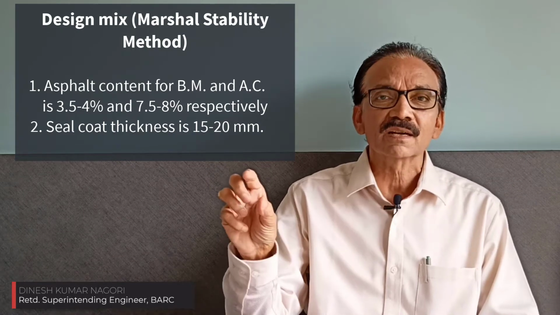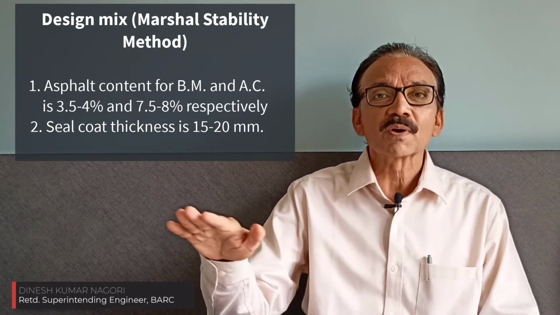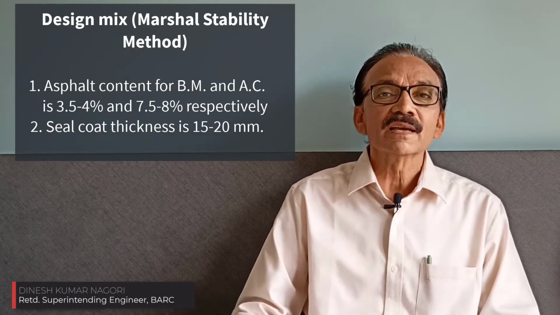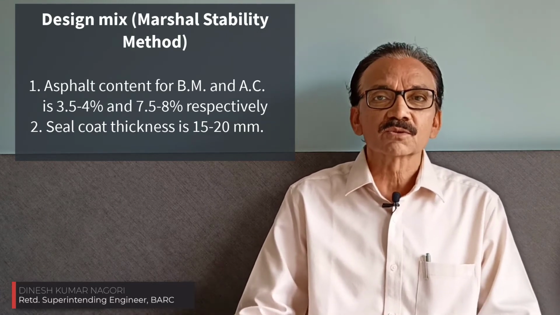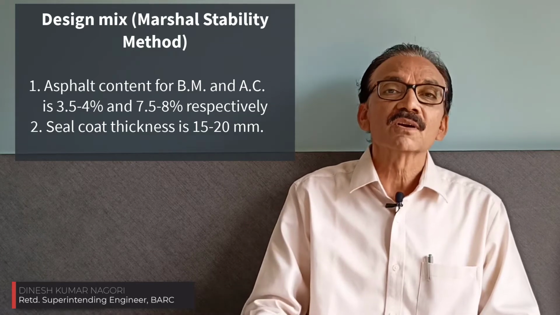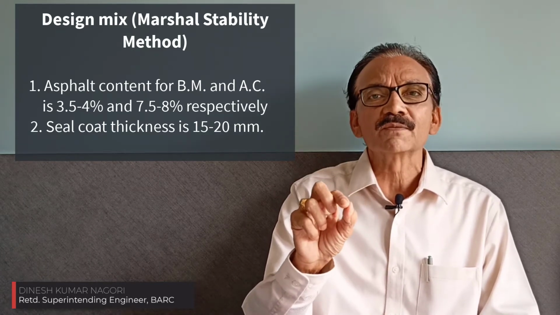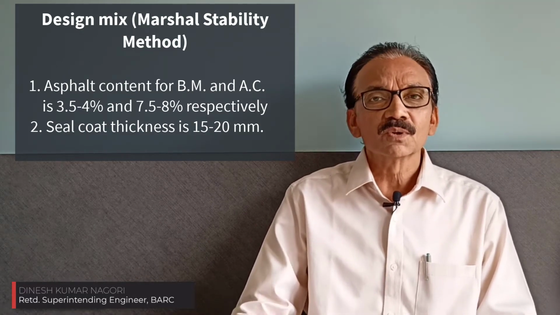That is the first layer of about 40 mm to 50 mm we lay, hot laid, hot rolled, roll it properly, and then the second layer comes with proper camber. The second layer is the asphalt concrete. That requirement is generally 25 to 30 mm. In asphalt concrete, our bitumen content is around 7.5 to 8, depending on the design mix.